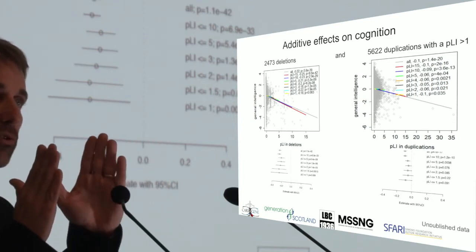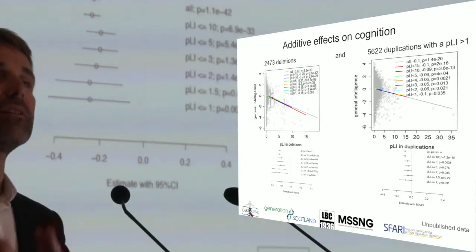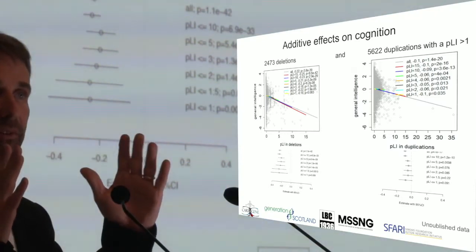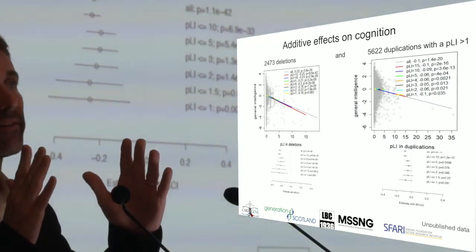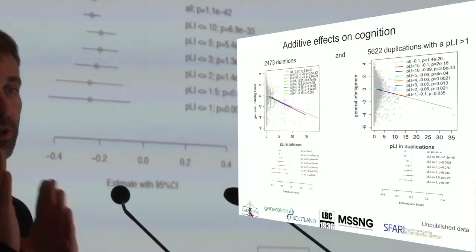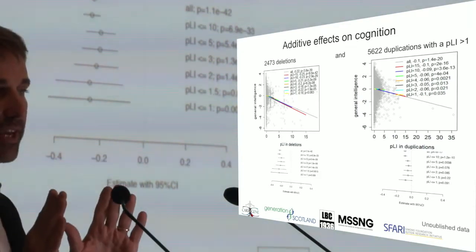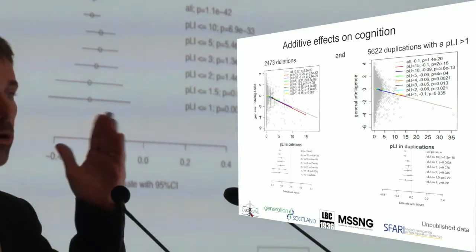What happens if you exclude all the individuals in the cohort that have a CNV that scores 10 points, 8 points? For example, 22q is 10 points of pLI. 16p is 8 points. You go down, you exclude more and more.